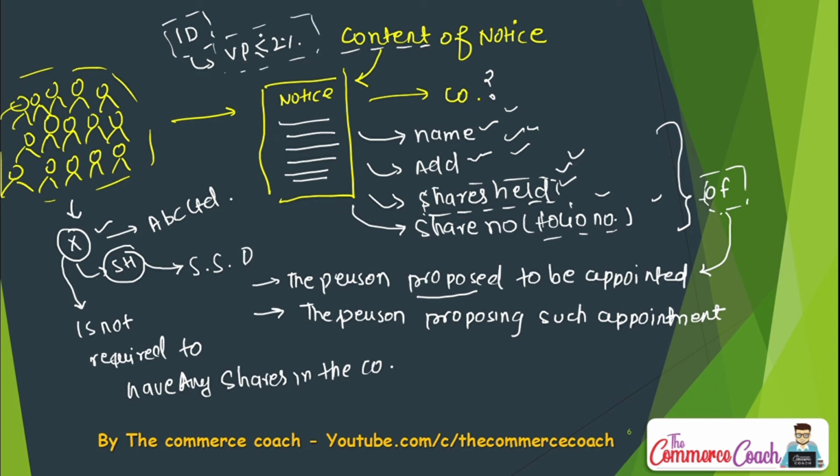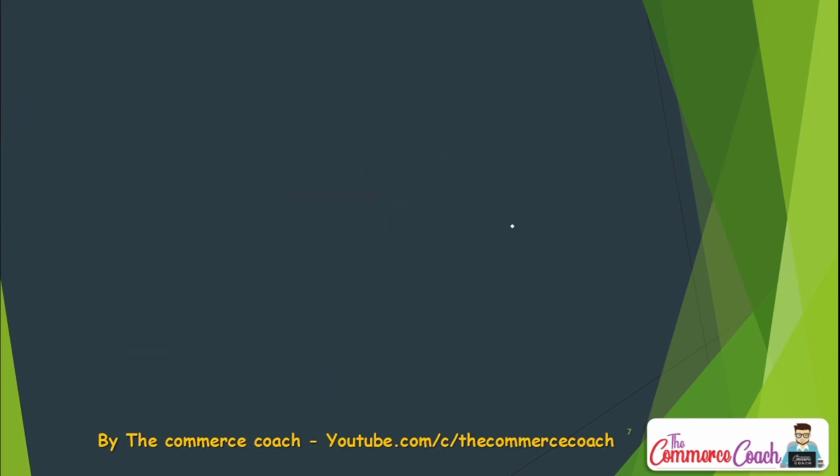If I say that he must be a small shareholder, then a small shareholder can be a person who holds more than 2%, and this will contravene the provisions for independent director. That is why he is not required to hold any shares in the company. If he does not hold any shares, then do not write this information, only write his name and address, and done. Okay, now let's move on.